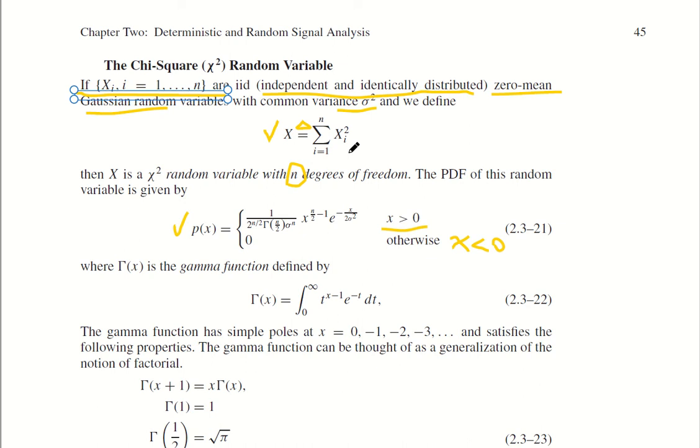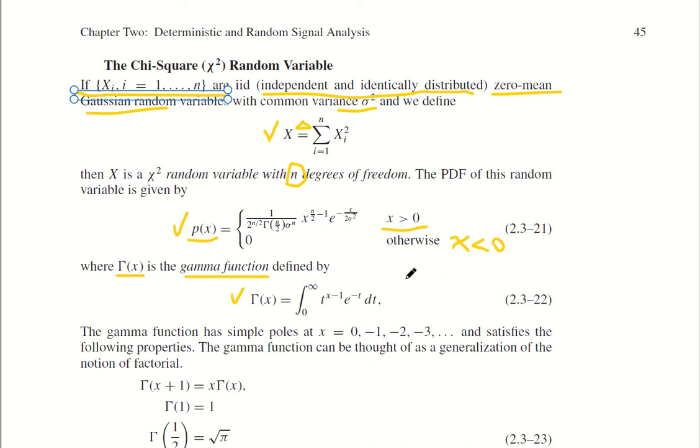You sum up squares, squares are positive, and you are doing a summation of positive numbers. As a result, it's going to be positive. So you can see that the probability density function has a value for the positive domain, and for the negative domain, it's always 0.